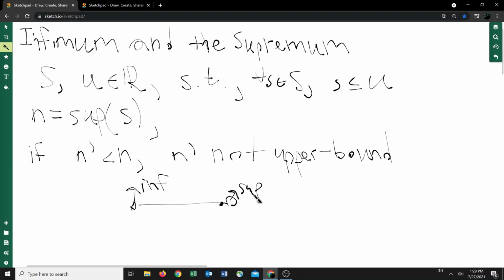If we take any element less than the supremum, it's either going to be in S or not an upper bound at all. It's just going to be outside of S, but to the left of the supremum, okay?